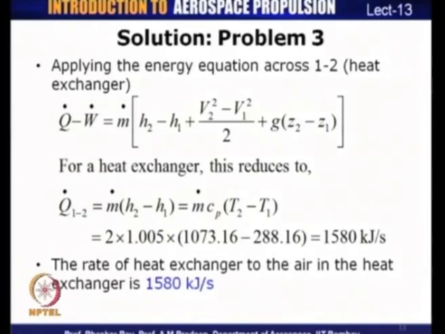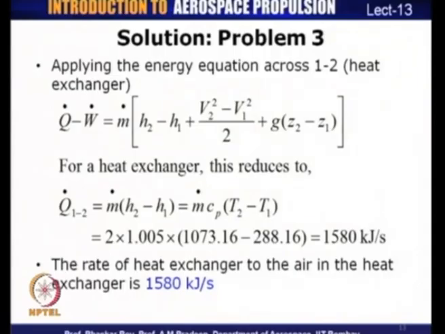So, 800 degrees Celsius becomes 800 plus 273.16, which is 1073.16 Kelvin. Similarly, T1 is 15 degrees Celsius, which in Kelvin scale would be 273.16 plus 15, and that is 288.16 Kelvin. So, substituting all these values, we have mass flow rate 2 kg per second multiplied by specific heat, which is 1.005, multiplied by the temperature difference, that is 1073.16 minus 288.16.